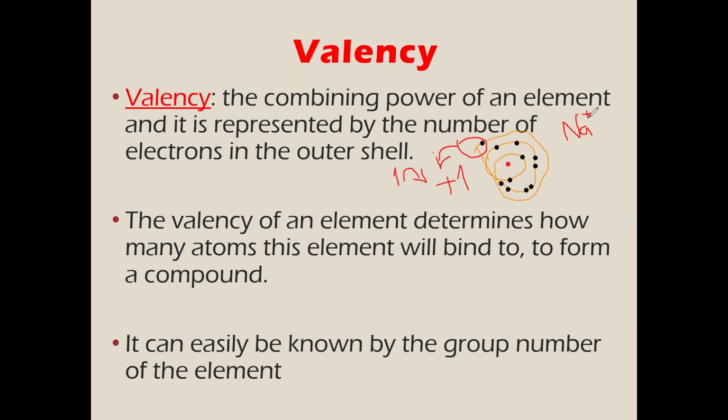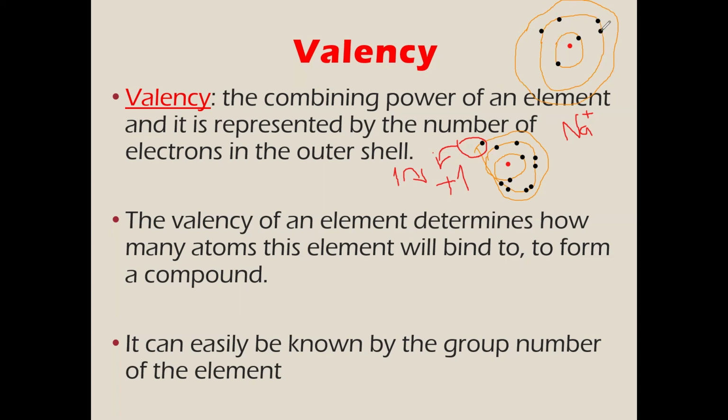While magnesium, for example, is in group 2, and the atomic number of magnesium is 12, which will be distributed as 2, 8, 2.